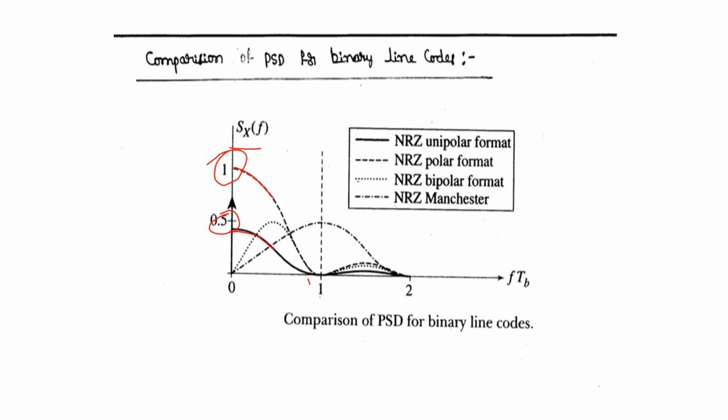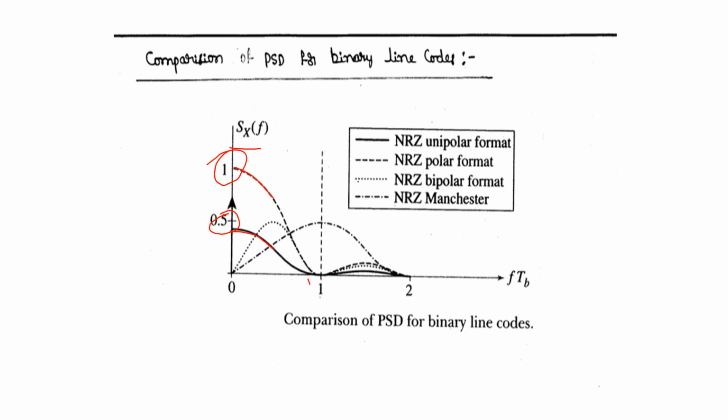One more thing to remember about unipolar: as I already mentioned, when you receive consecutive zeros using the unipolar format, it is very difficult to decode at the receiver, because bit 0 is represented as the DC level.